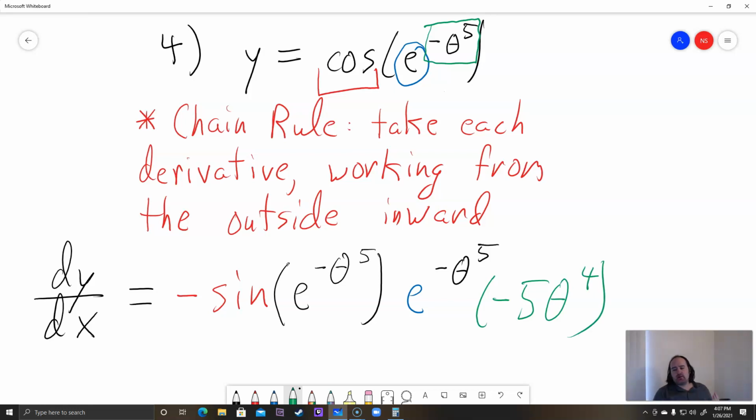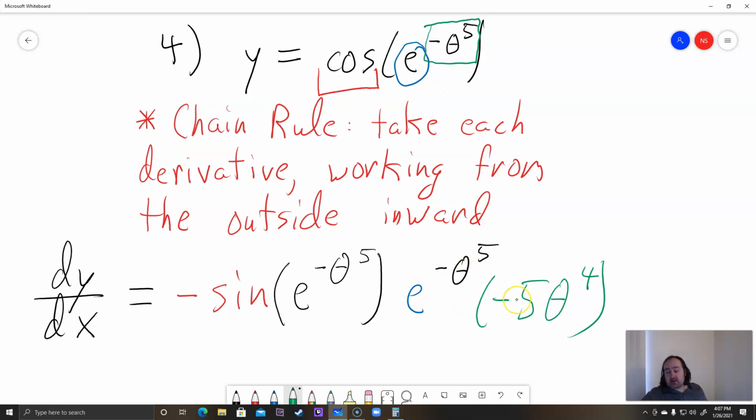When you're doing these, you don't have to use different colors like me. I just like to use different colors so that you can see each part that I'm working on. So I did my outer function, which was cosine, took the derivative of that. The middle and inner functions were left alone. Then we took the derivative of the middle function, e, and the derivative of e to the whatever is still e to the whatever.